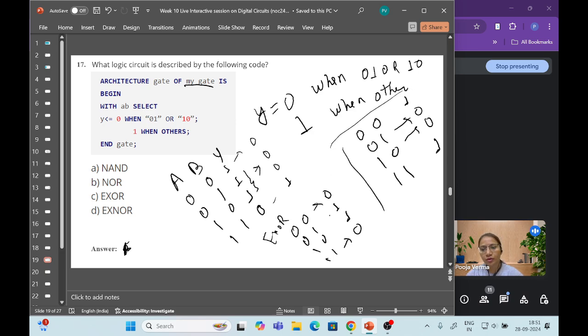So option D, XNOR, is the correct answer for this question. It is 0 when the inputs are different, and when the inputs are the same, the output will be 1. So the logic circuit described by the following code is an XNOR gate, which reflects the XNOR gate property.